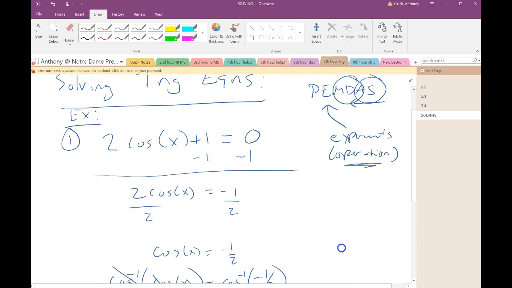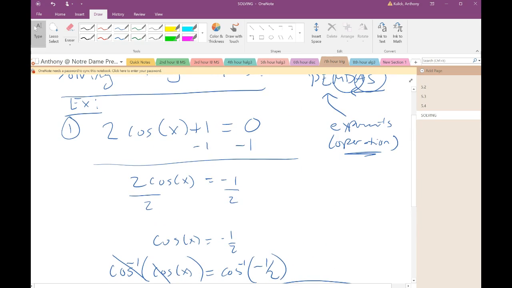The inverse gets rid of the cosine. Remember, when we take the cosine of something, what does that something need to be? It needs to be an angle. And what outputs from a cosine, sine, or tangent?